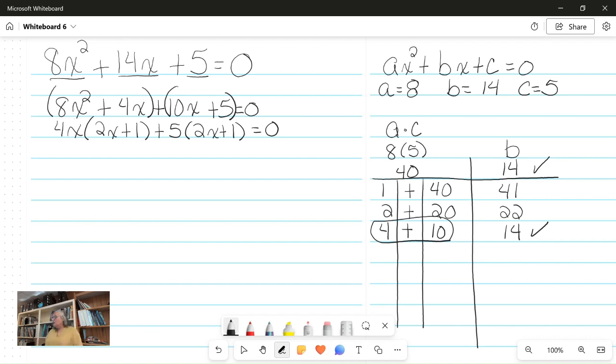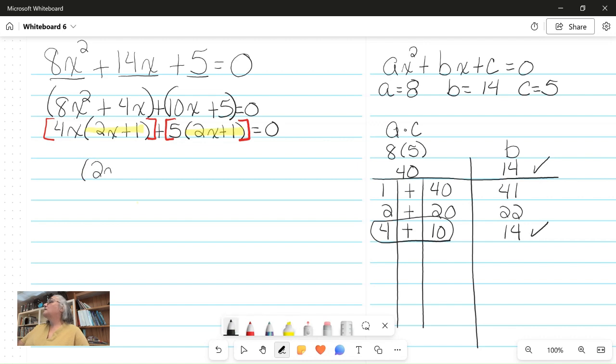Let's see if we can figure out something that's going to help us with this. If I look at that as a single term and that as a single term, and I can do that because they're things multiplied together with a plus in between, then I notice that I have a 2x plus 1 in both of those. Let's factor out that 2x plus 1.